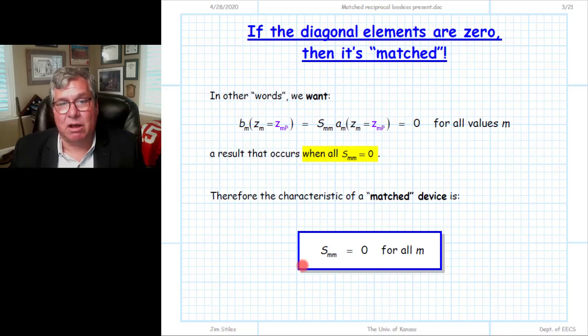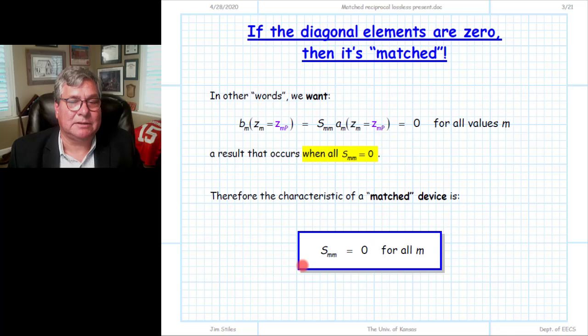Not just some of them, all of them. If every one of the diagonal elements of the scattering matrix is equal to 0, then and only then can we say we have a matched device. Moreover, if we have a matched device, then every one of those diagonal elements will be equal to 0.